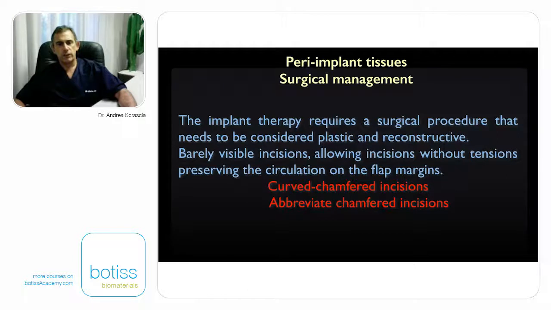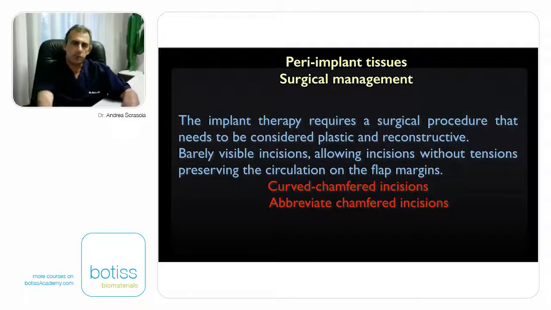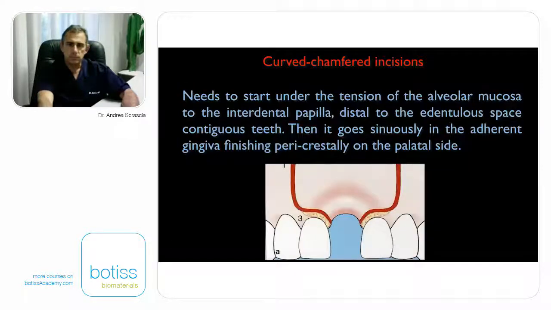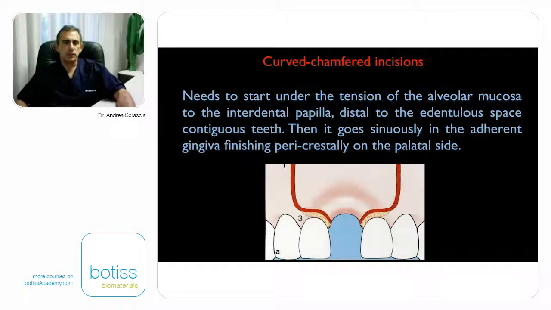So curved chamfered incisions and a beveled chamfered incision need to start under the tension of the alveolar mucosa to the interdental papilla, distal to the edentulous space, contiguous to the teeth. Then it goes sinuously in the adherent gingiva and finishes very crestally on the palatal side.